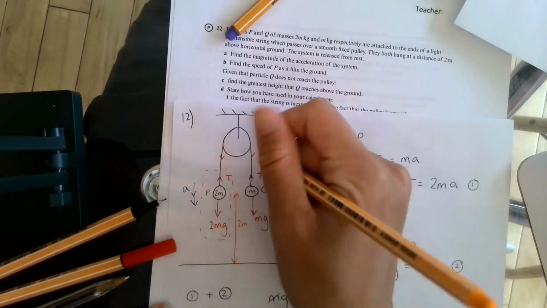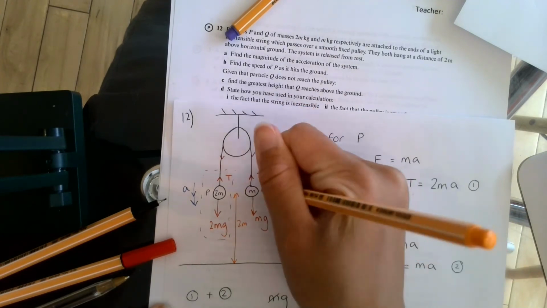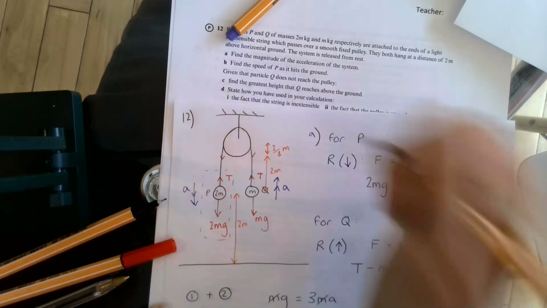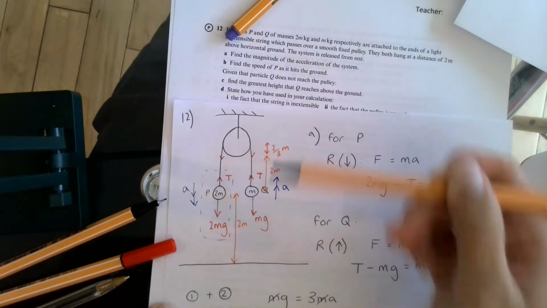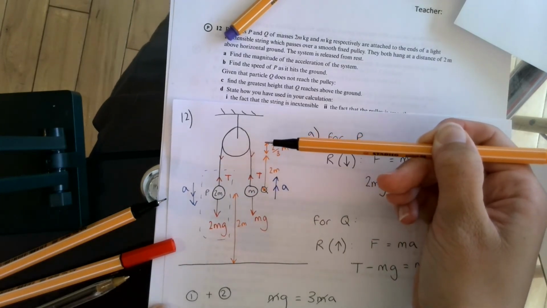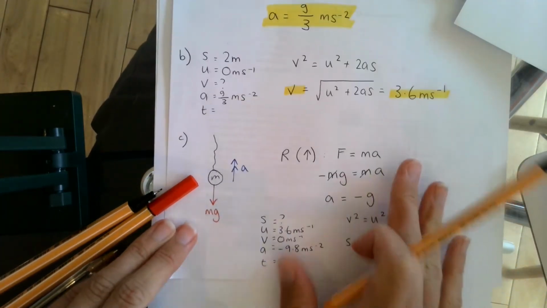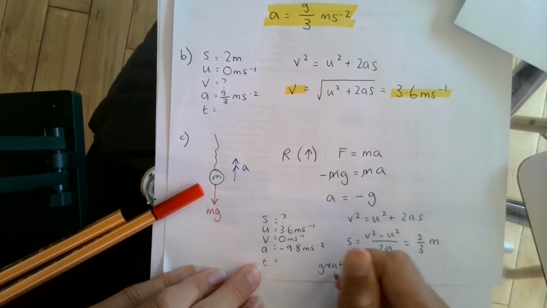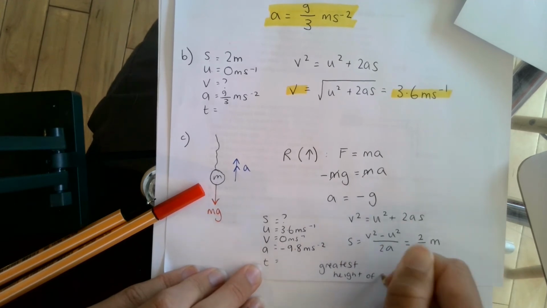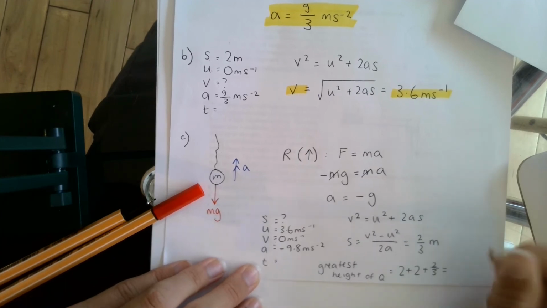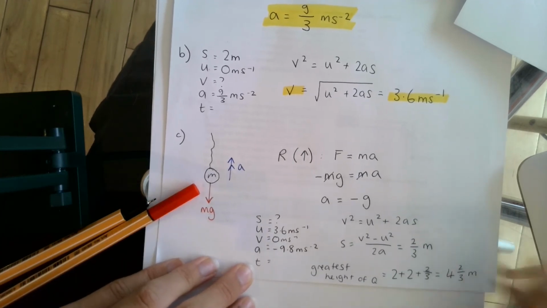So the greatest height off the ground is the original 2 metres, plus the 2 metres it travels, plus the 2/3 of a metre. So in total, that's 4 2/3 of a metre. So the greatest height of Q is equal to 2 metres plus 2 metres plus 2/3 of a metre, which is 4 2/3 metres.